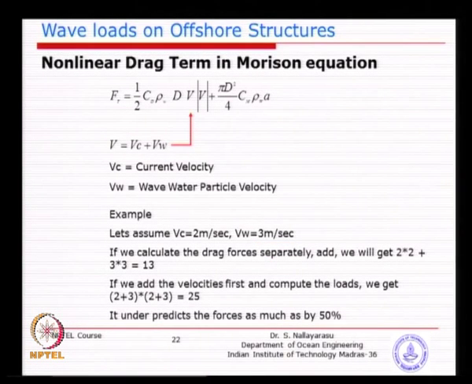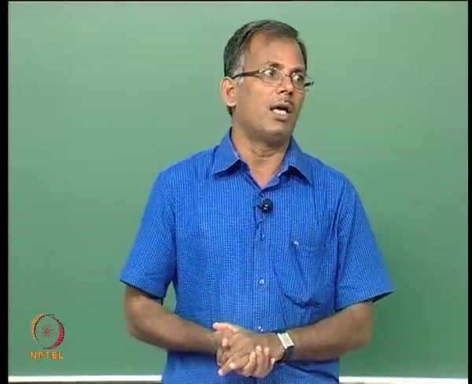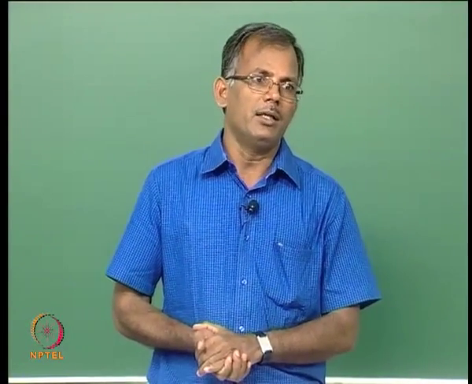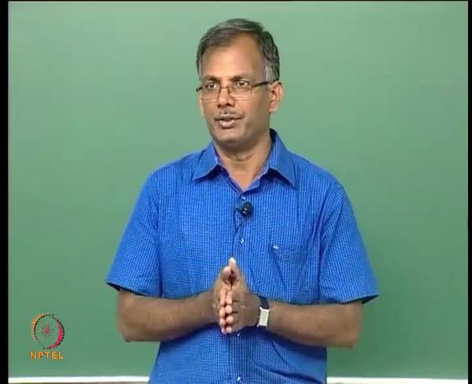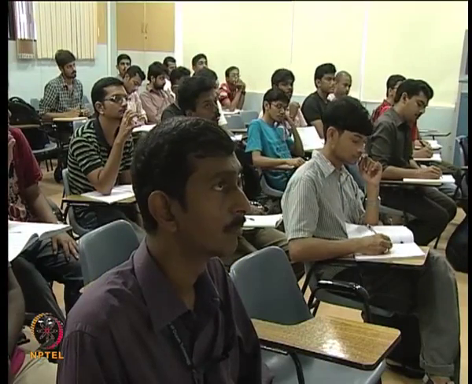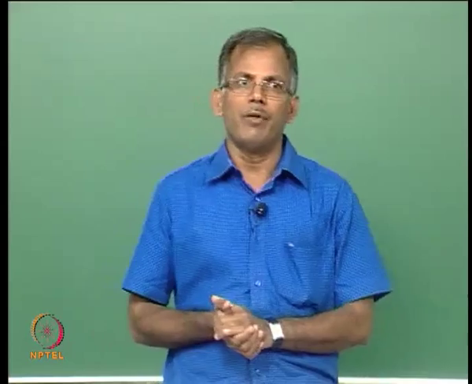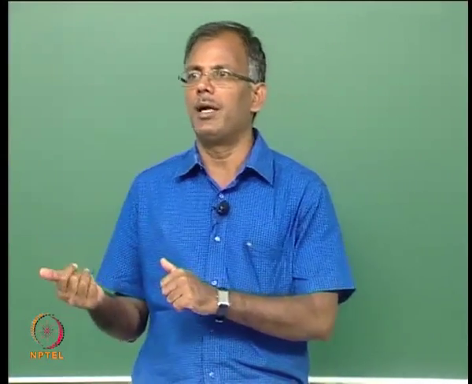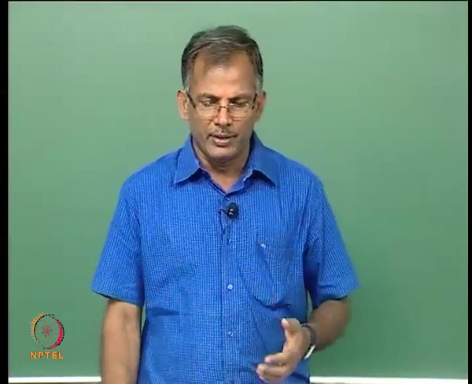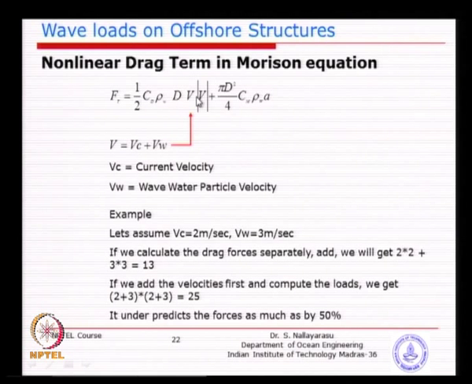Now comes the important part. All of you understand the idea behind the reduction or increase in the wave period or wavelength, just because the current is flowing in the forward or reverse direction with respect to the direction of wave propagation. Now, the second thing is whether we should do wave force separately or current force separately or combined together. You see in this equation, the drag force is nonlinearly proportional to the velocity.